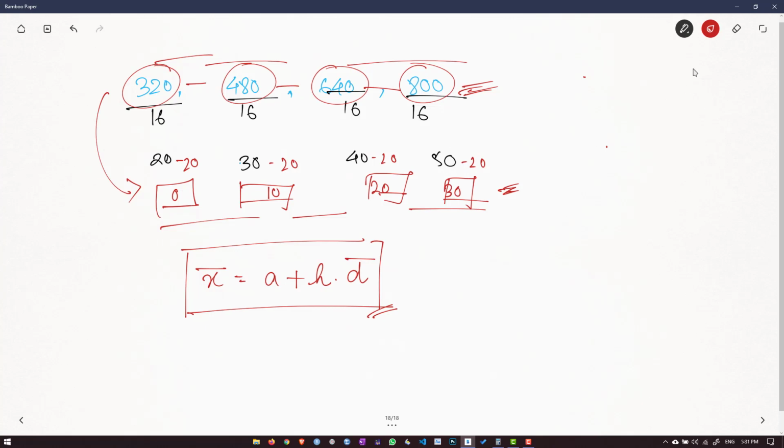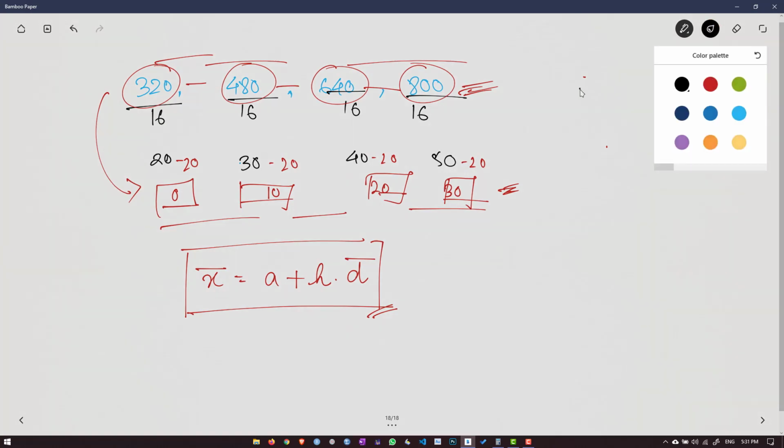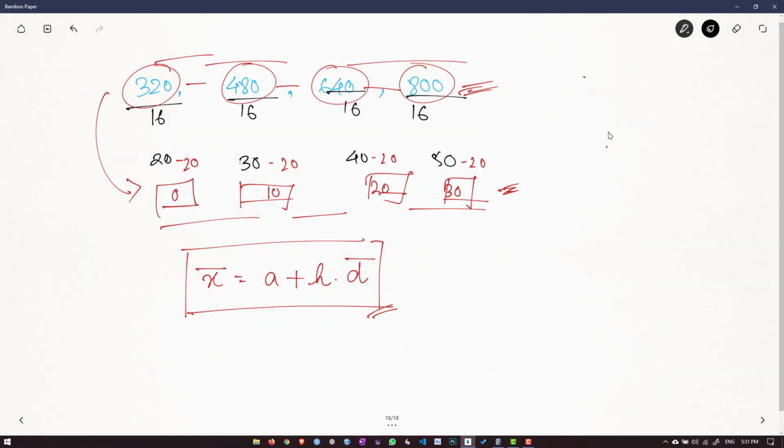Now I would like to add something here, that sometimes it is not possible to divide all of them, or it is not always divisible by the same number. In this case it is obvious that all of them are divisible by 16, but it is not mandatory that you have to divide them. In certain cases, we can only subtract a particular number from the data set to reduce the calculations, right?